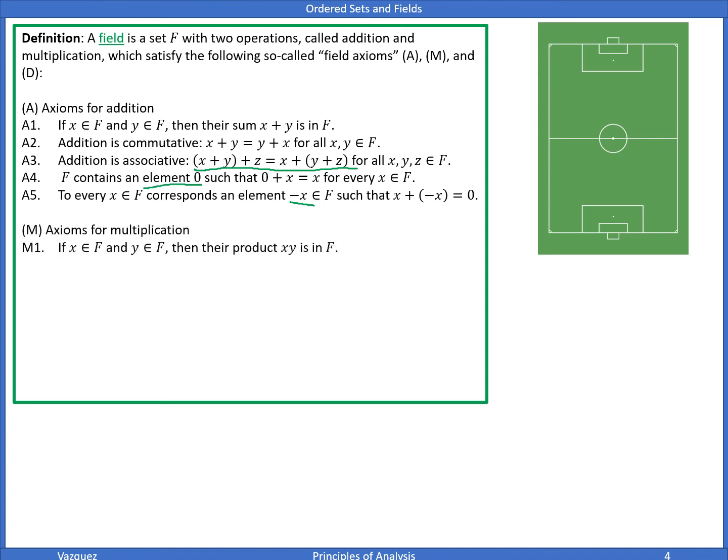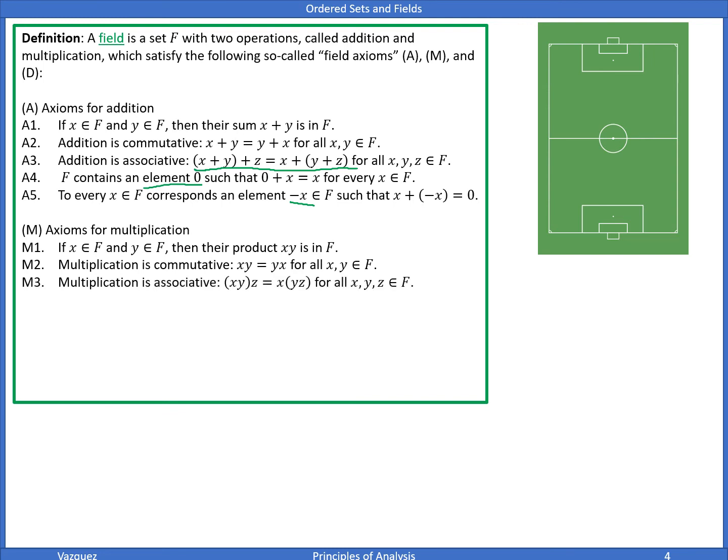Now there's the axioms of multiplication. So if x and y both belong to F, then their product is also in F, so it's closed under multiplication. It's also commutative for all x and y in F. It is also associative.